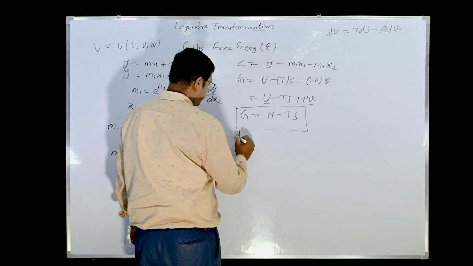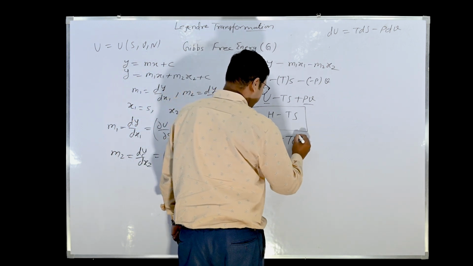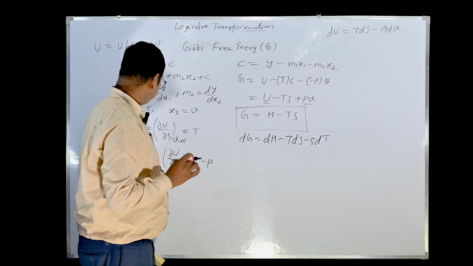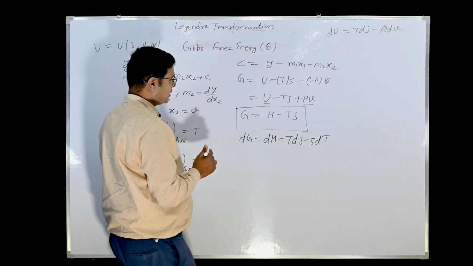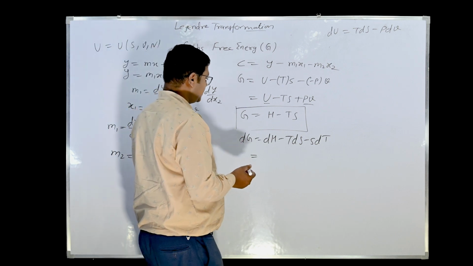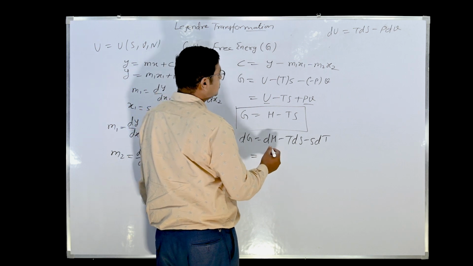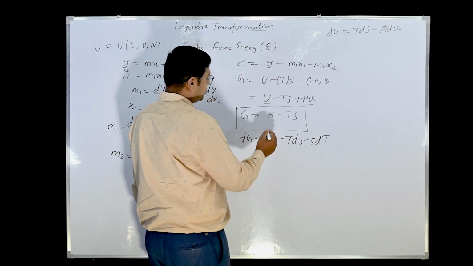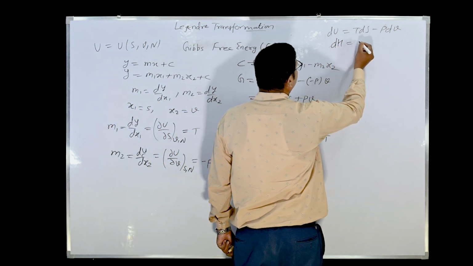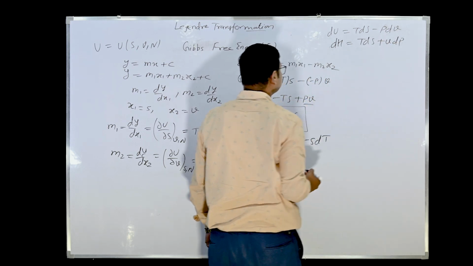When I differentiate both sides, dG is equal to dH minus TdS minus SdT. dH is equal to dU plus PdV, or we know that dH is equal to TdS plus VdP.